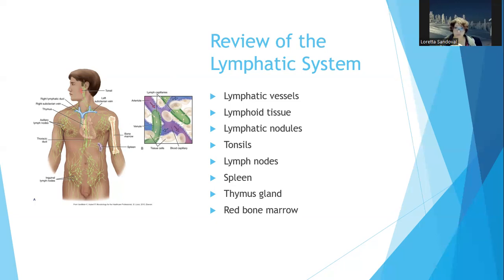Spleen, thymus, red bone marrow, all that stuff sounds familiar. The system's main function is to return excess interstitial fluid and protein to the blood. It's going to filter out and destroy unwanted materials from body fluids and initiate an immune response.